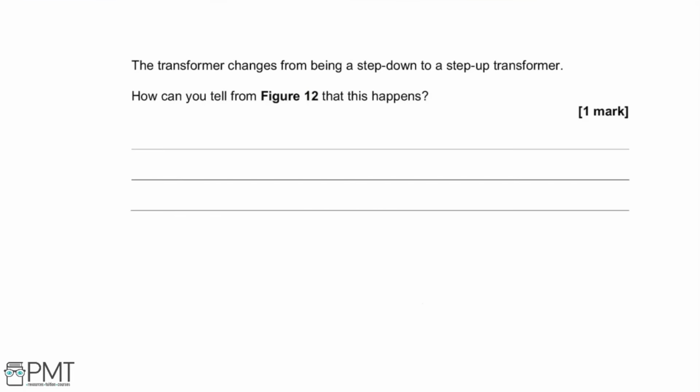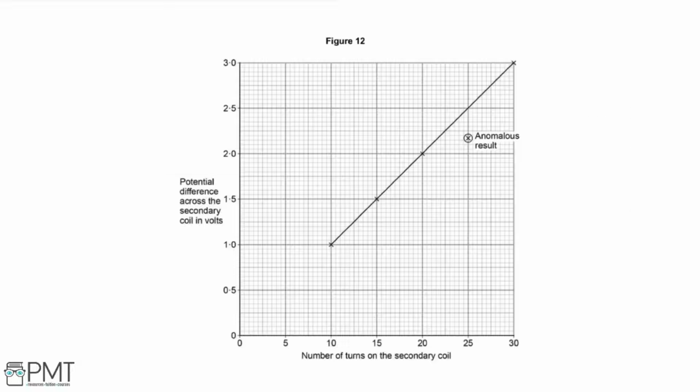Next, the transformer changes from being a step down to a step up transformer. How can you tell from figure 12 that this happens? So if we look back at figure 12, which is on your screen again now, you will see that the potential difference across the secondary coil moves from being 1 volt and it increases to eventually being 3 volts.